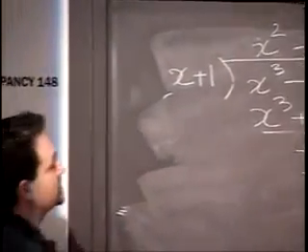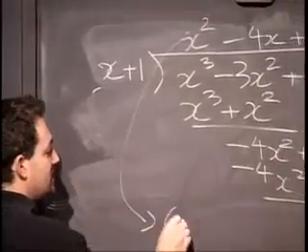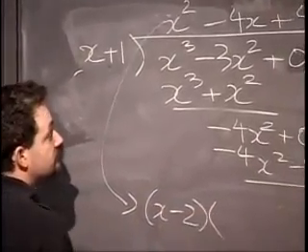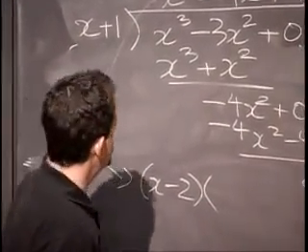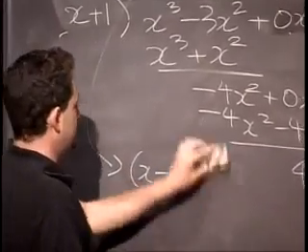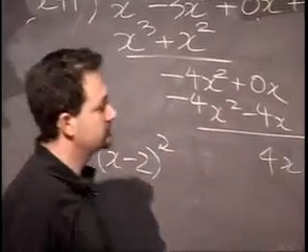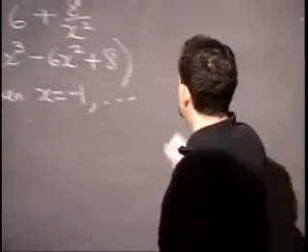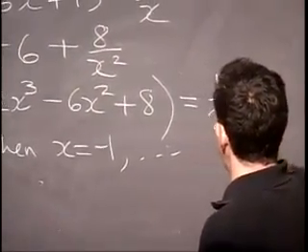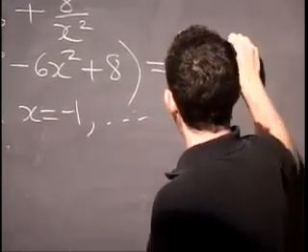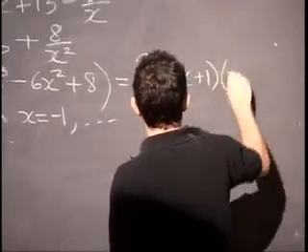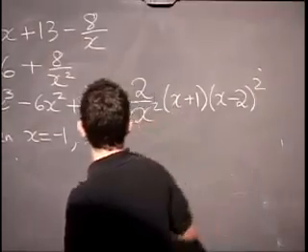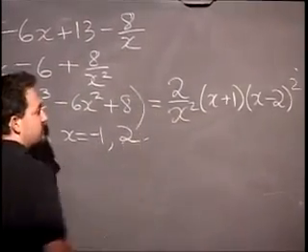And so actually this one does factor into x minus 2 all squared. So I could have factored this as 2 over x squared outside of x plus 1, x minus 2 all squared, and we see that x equals 2 is another solution.